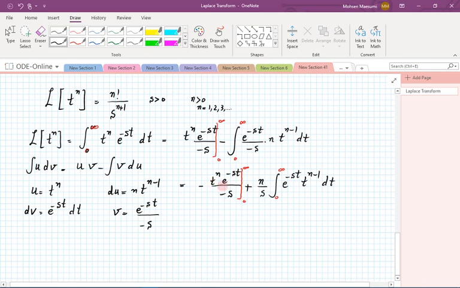At time 0, this is also going to be 0, so this whole expression falls out, and then what we have is just n over s times the integral from 0 to infinity of exponential of minus st, t to the power of n minus 1, dt. Well, what we have here on the right hand side is the Laplace transform of t to the power of n minus 1.